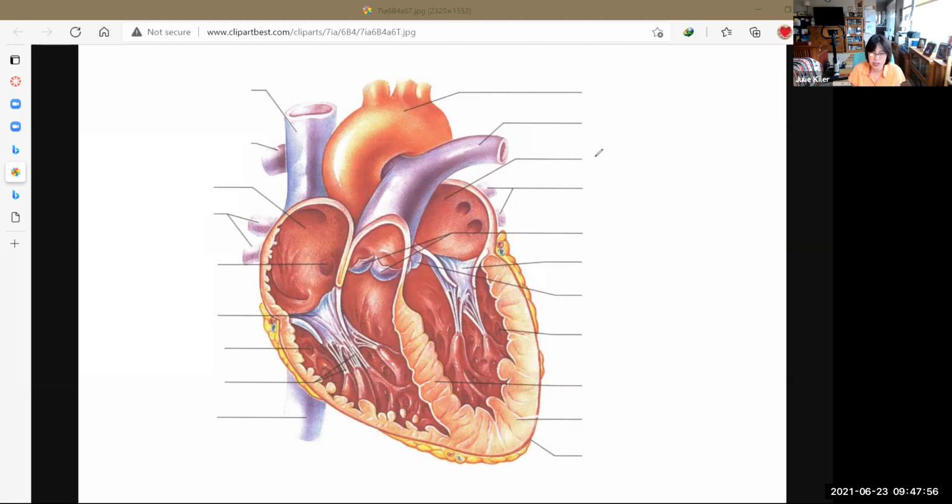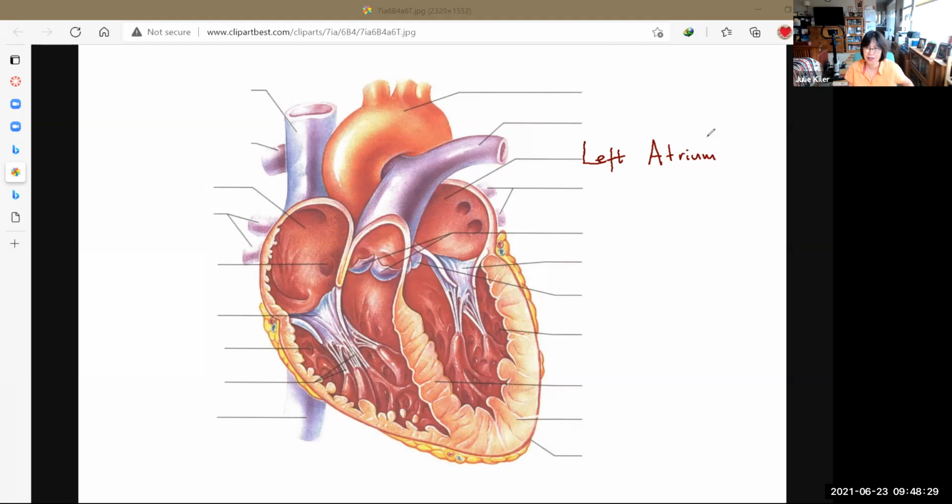This is one of the 4 chambers. What is that chamber? Go ahead, put that in the chat. Exactly, Sylvia. Good job. Left atrium.